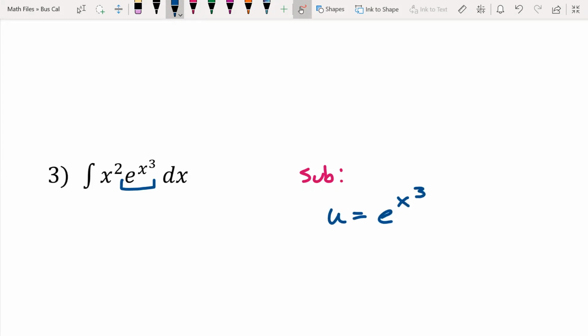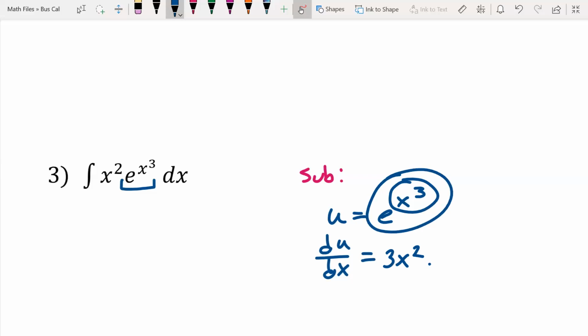Take the derivative and you'll get du over dx equal to, and here we have to use the chain rule derivative. So remember the chain rule derivative for e to anything other than just x by itself is going to be the derivative of the exponent. So the derivative of x cubed is 3x squared times the original function, e to the x cubed.